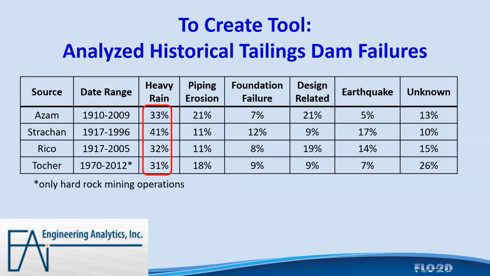So we do all these kinds of calculations behind the tailings dam tool, and we produce a probability, or a chance, that the tailings dam that you have fails.